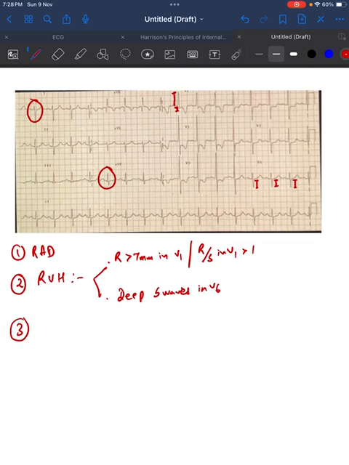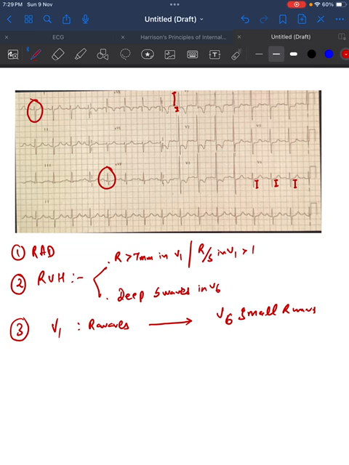Third, in a patient of COPD, when there is involvement of the right heart, it leads to poor progression of the R wave. That is, in V1 there are large R waves, and in V6 there are small R waves.